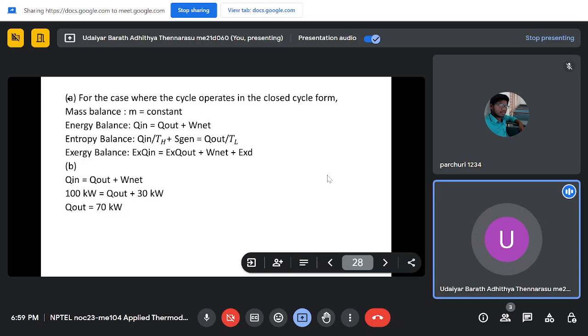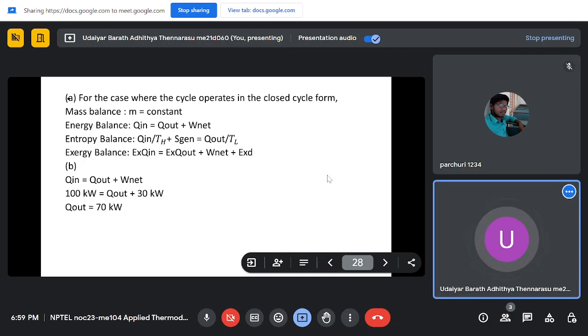Then exergy balance: you have some Q in. So that is the input which you are giving to the cycle. You have one input and two outputs, which are rejecting work and Q out. So three, and each will have its own exergy. What you are giving in Q in will have some exergy.